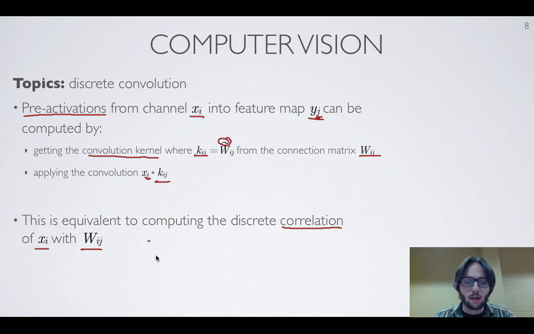And so there's a relationship here between the discrete correlation and the discrete convolution, which I won't get more into, besides saying that it's essentially the same thing without the row and column flipping before we do the element-wise multiplications with the sum at every position where we place the kernel. But from this, it means that if we have some efficient code that does convolutions, then we can compute all of my pre-activations and compute all my feature maps fairly efficiently.